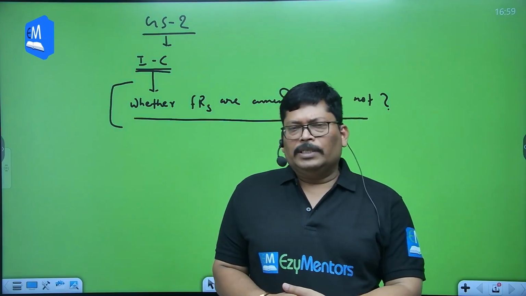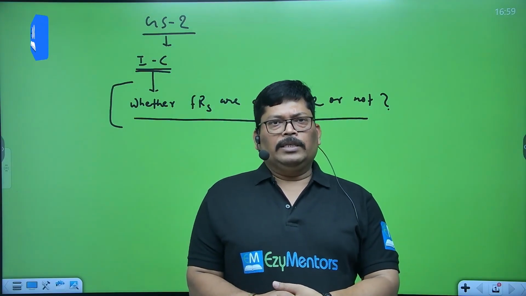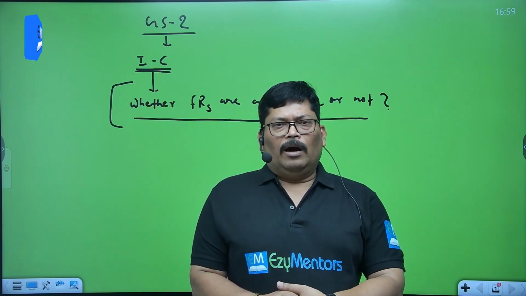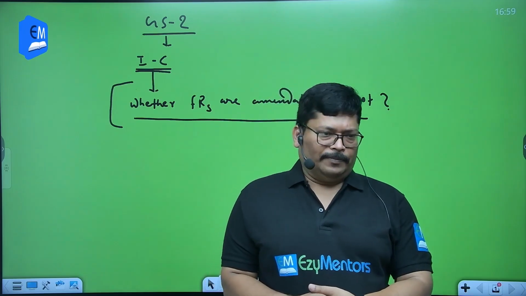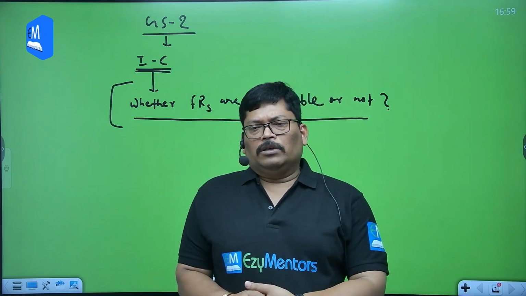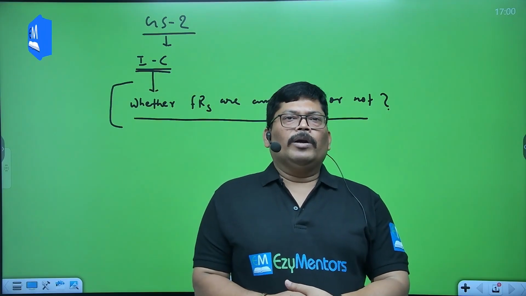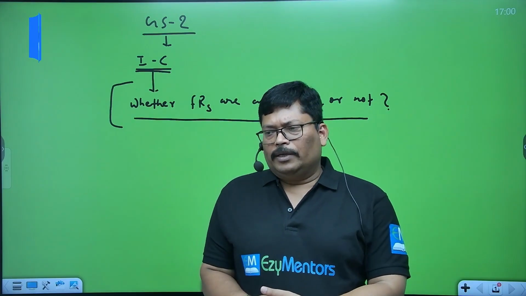The Indian judiciary means the Supreme Court of India. And this tussle, this conflict starts from the very beginning after the commencement of the Constitution dated 26th of January 1950.